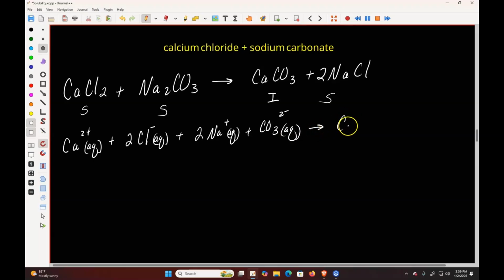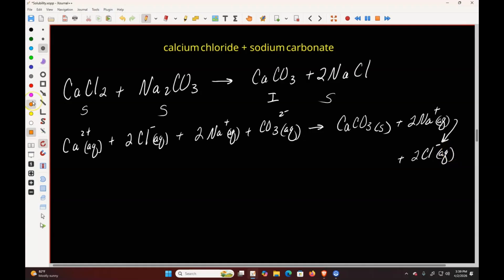It's going to produce calcium carbonate, which is a precipitate, so it's going to be a solid, plus 2 sodium aqueous plus 2 chloride aqueous.